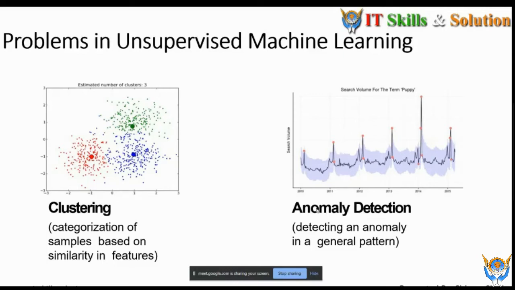Okay, so this is a recommendation system. So this is called anomaly detection, basically a general pattern. So basically they are trying to verify the general pattern, the general trend in your data, and on the basis of that general trend or pattern, they recommend you some products, or like YouTube recommends you some videos.